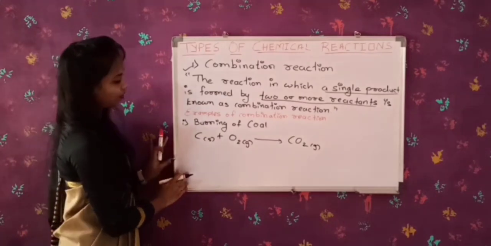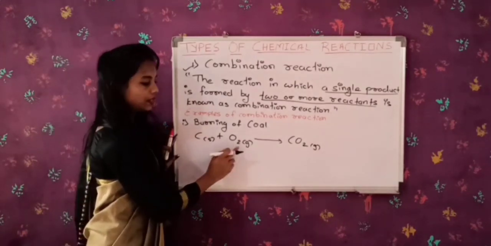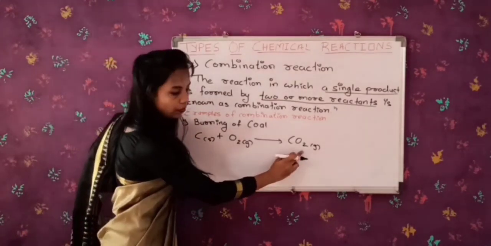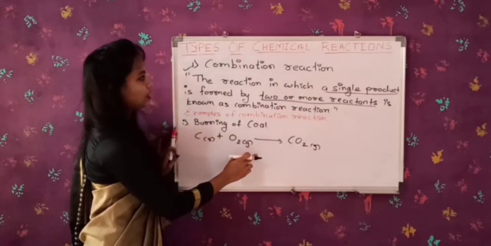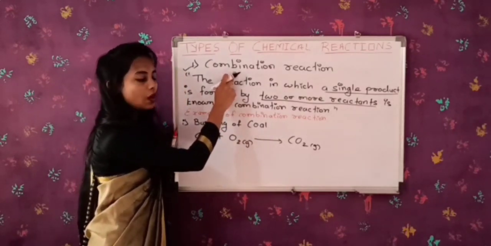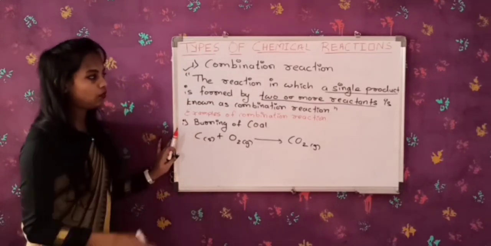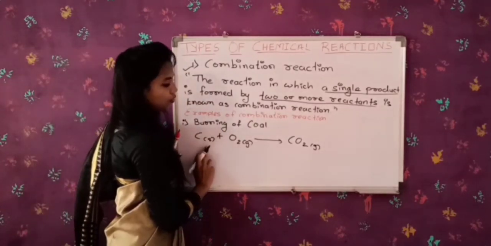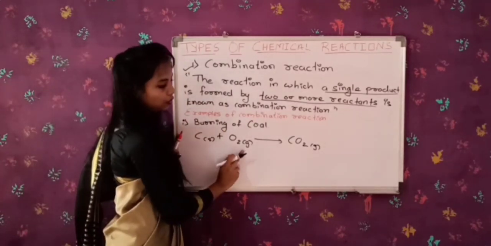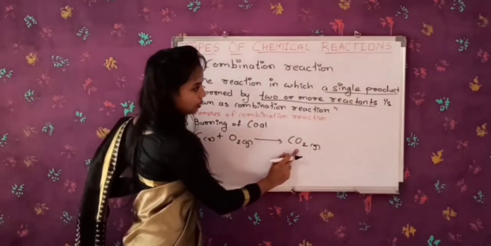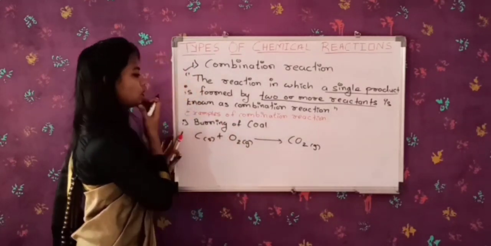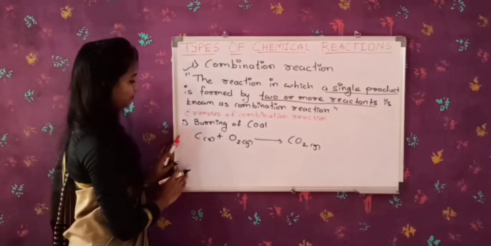Now we can see here there are 2 reactants and they will react to give a single product. So this reaction is known as combination reaction. We can see here the definition is fulfilled that the reactants are 2 or more, and just one single product is formed. Thus it is known as combination reaction.